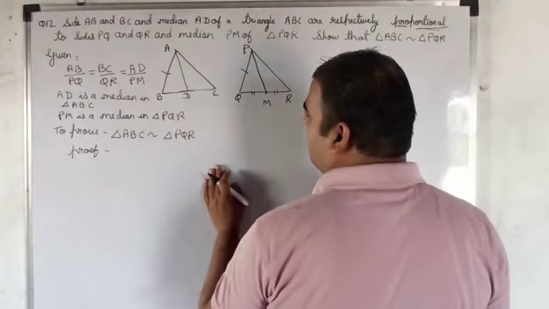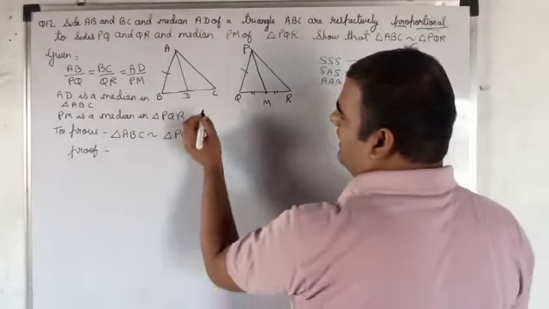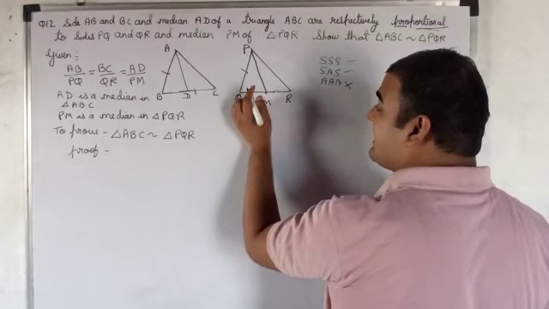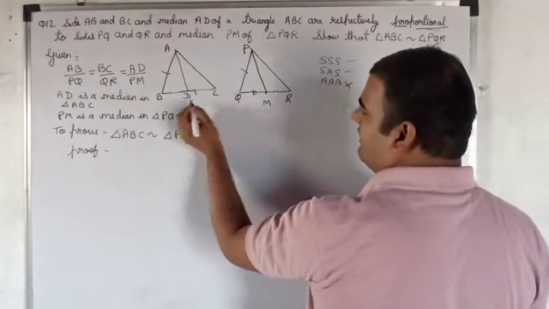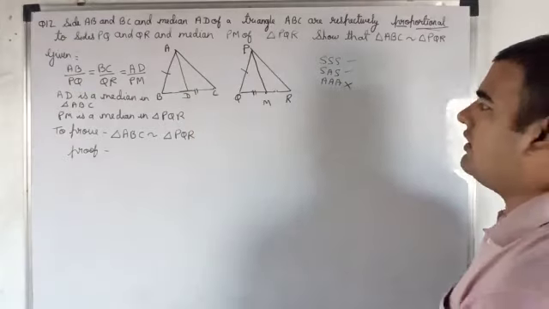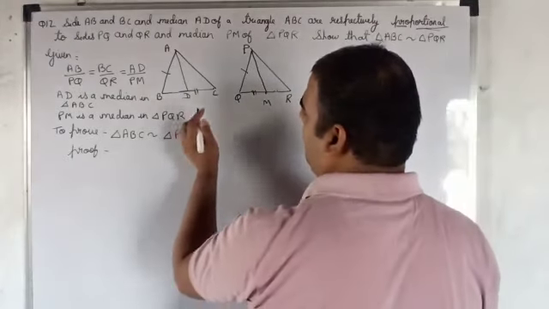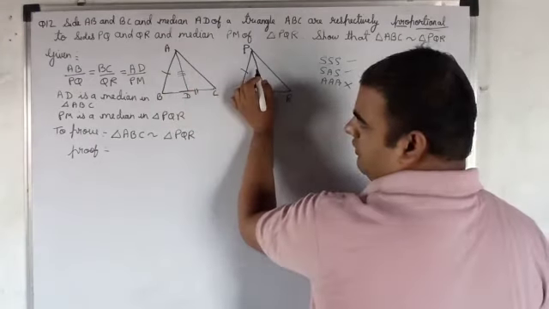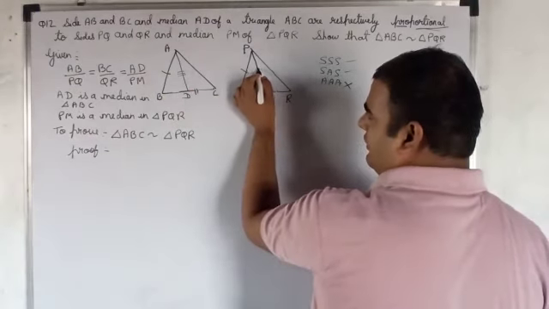Then BC upon QR. BC is the corresponding side of QR. We will say like this. Then third one, AD is corresponding to PM.